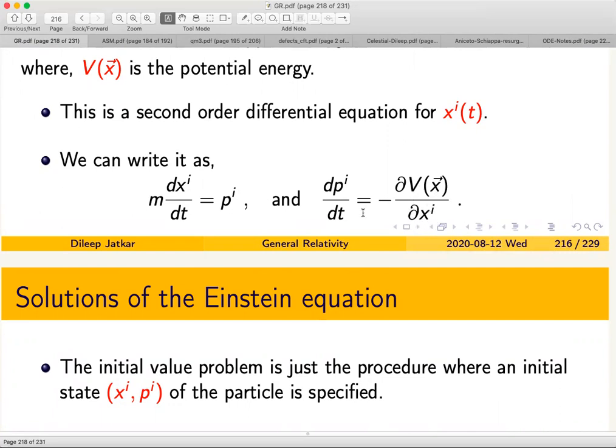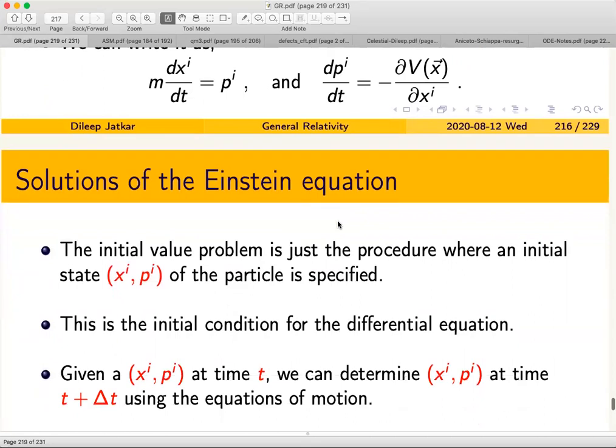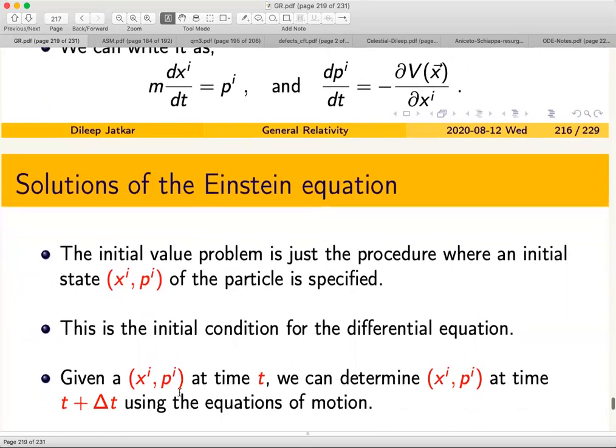Okay, so if you know this, then you know how p is going to evolve in time and x is going to evolve in time. So you determine values of p and x at the next instant of time, plug them back on the right hand side, and derive it at the next instant. Okay, that is how the initial value problem is solved. Okay, so this is the statement.